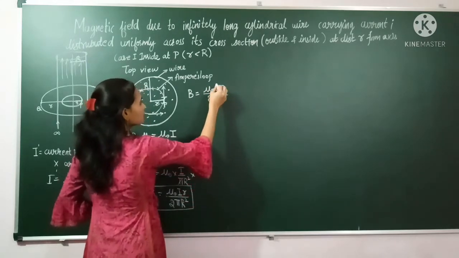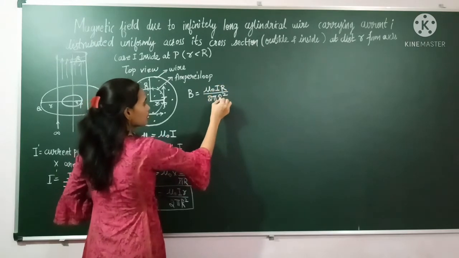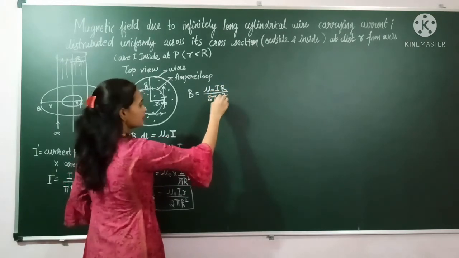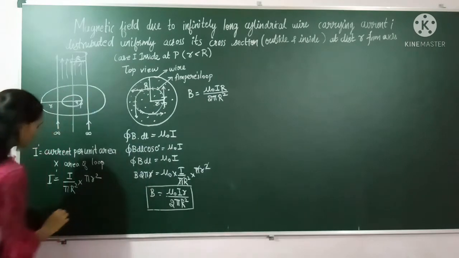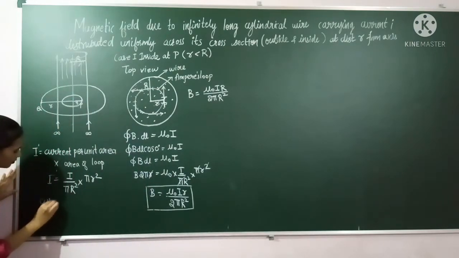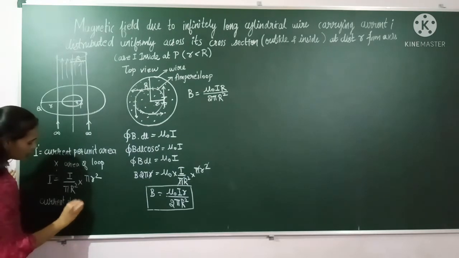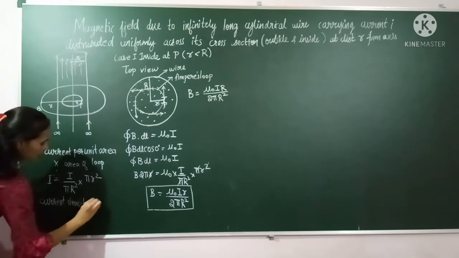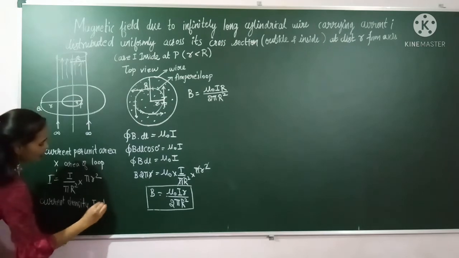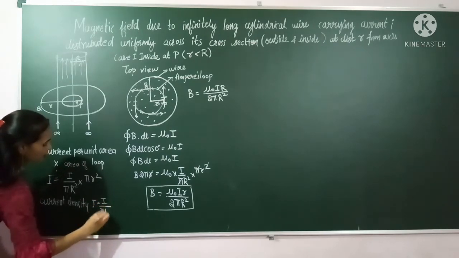In this relation, you see this I divided by pi R square is nothing but the current density. Our current density formula is what? Current density J is equal to I divided by pi R square.